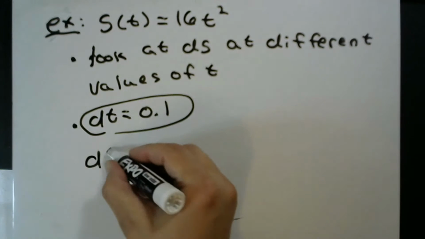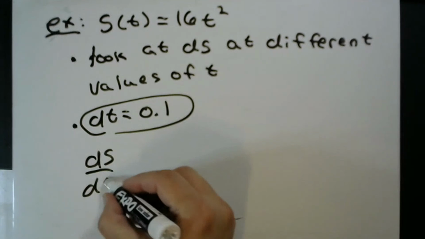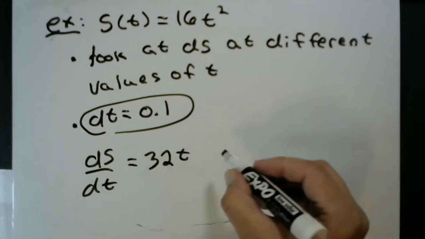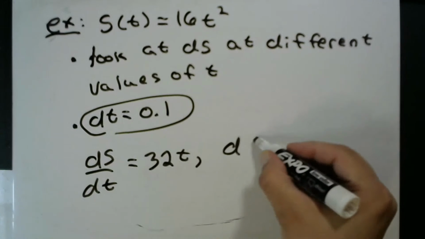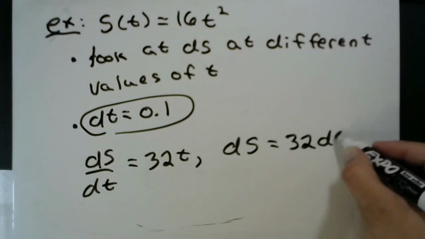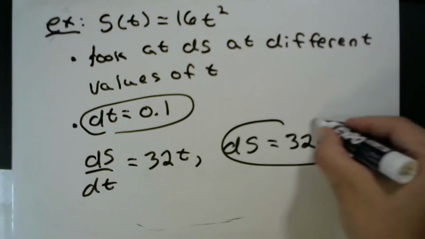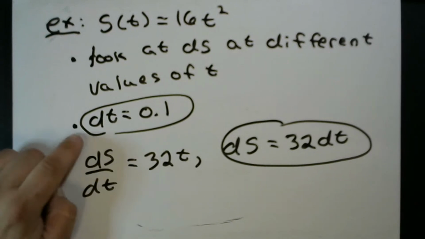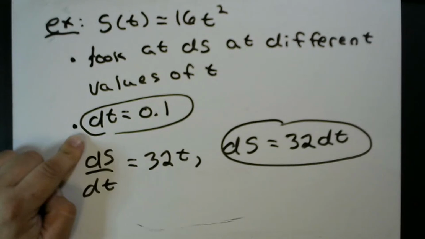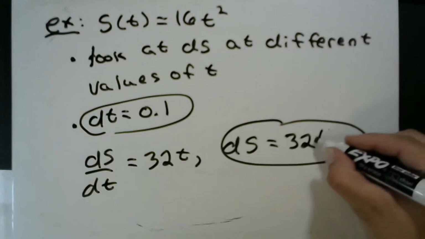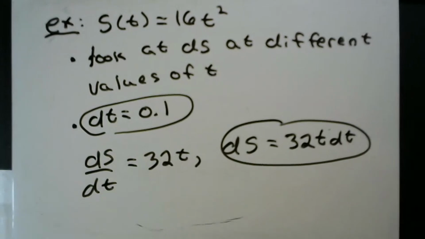So ds dt is 32t, or ds is 32 t dt. Oh, I'm sorry, I left out a t. So we have our dt, we have our ds.